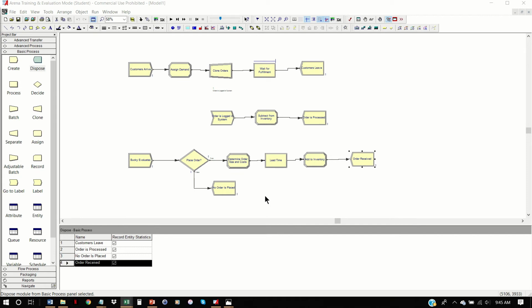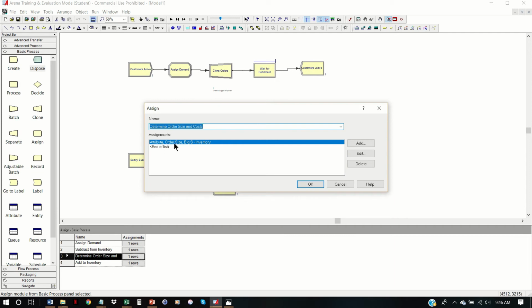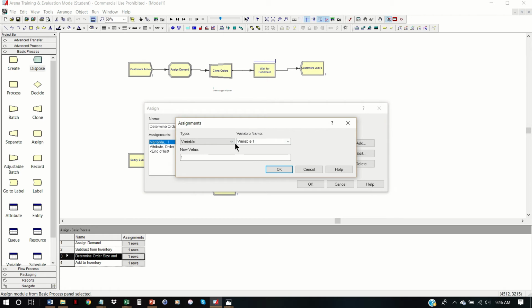Now we can see all of the inventory levels being updated, but now we need to attach the associated costs. Anytime an order is placed, we have a cost, and we'll create a variable called total order cost.